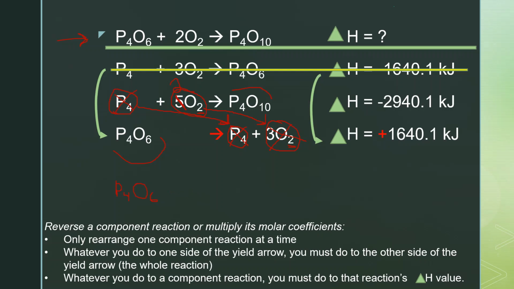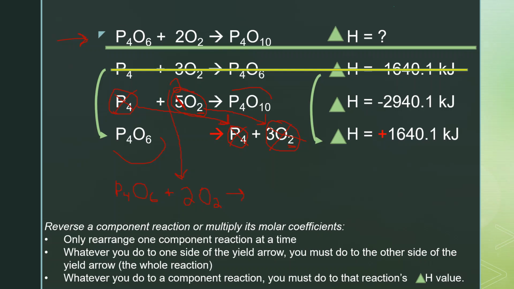P4O6, and then we need to include the 2 oxygens from up there. So P4O6 plus 2 oxygens, and then the yield arrow.